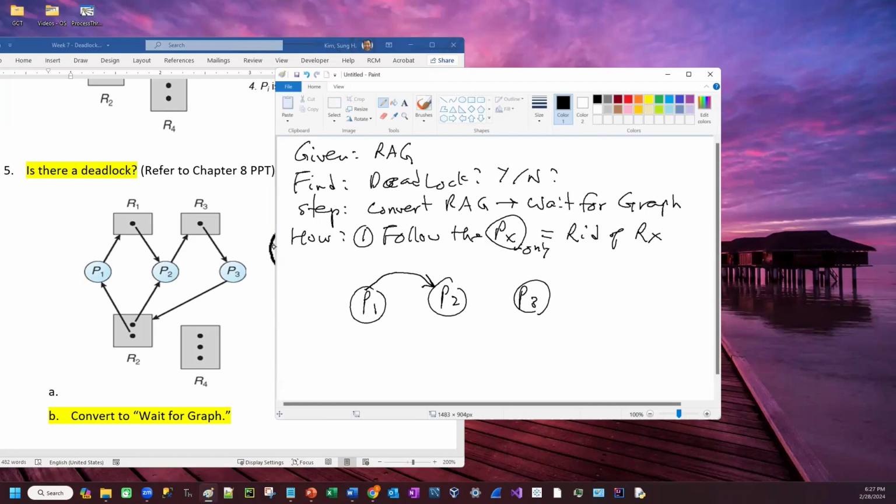And then P2 is waiting for R3, but R3 is assigned to P3. So P2 is really waiting for P3. Okay. And then P3 is waiting for R2, but P3 is really waiting for either P1 or P2, right?